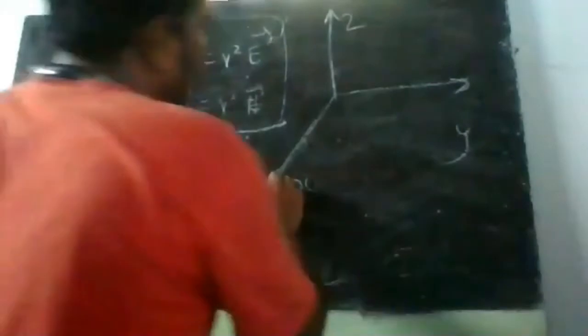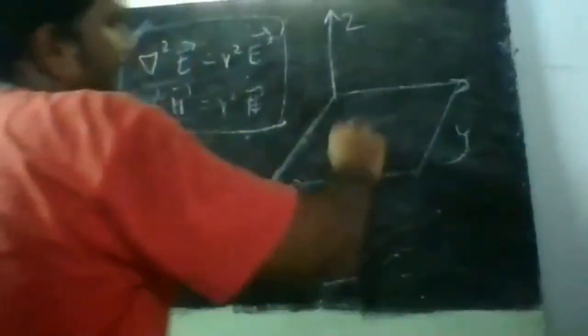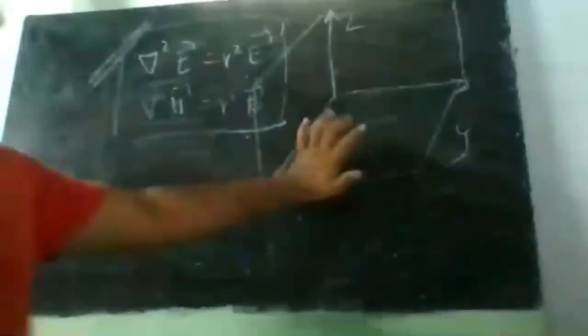What are the three planes? One is the xy plane, the second is the yz plane, and the third is the zx plane.